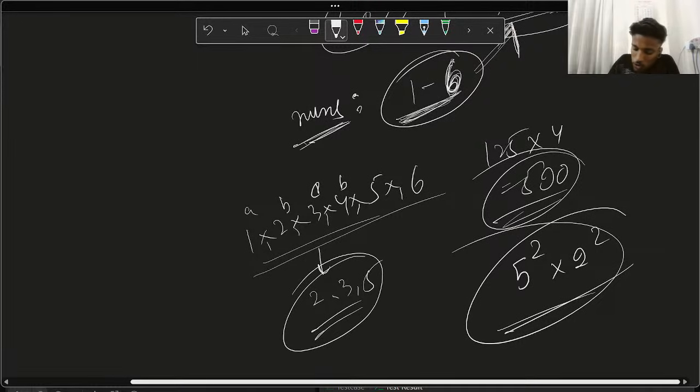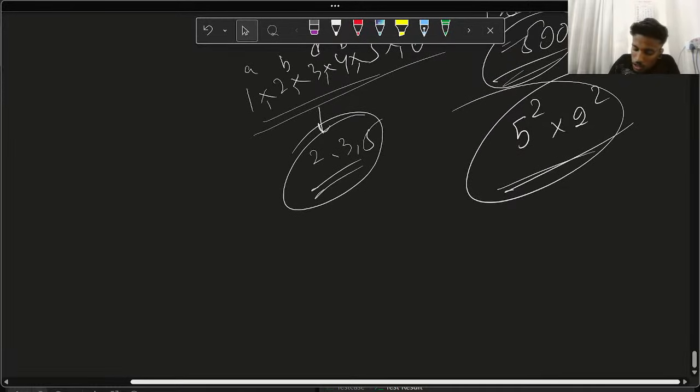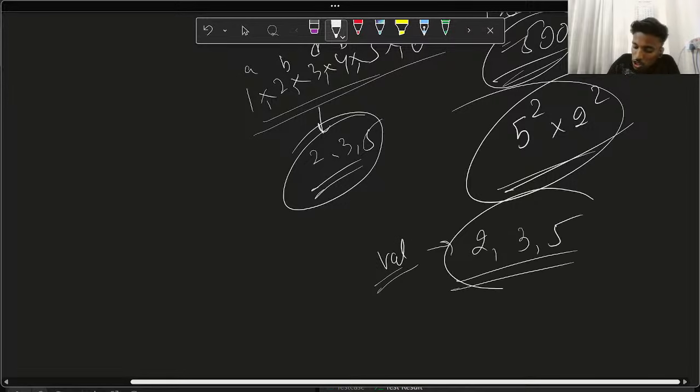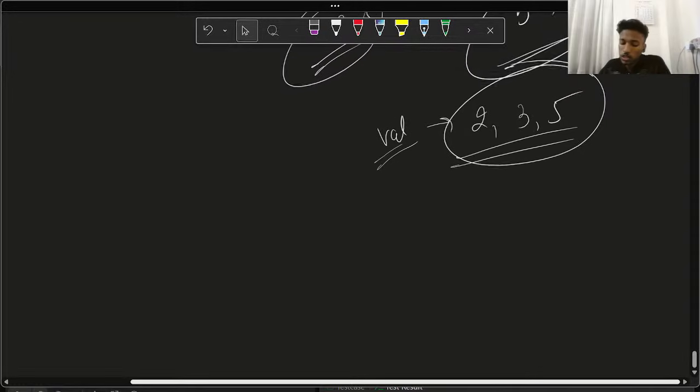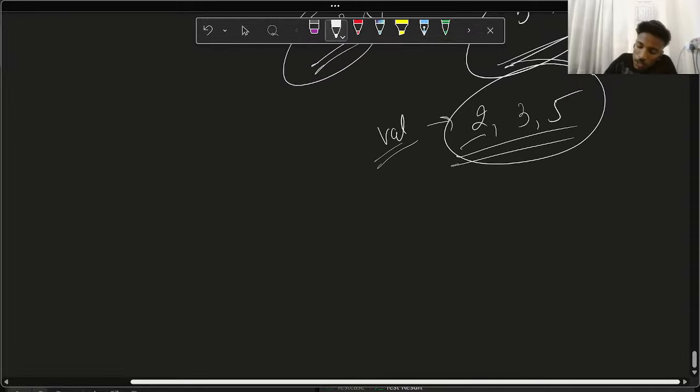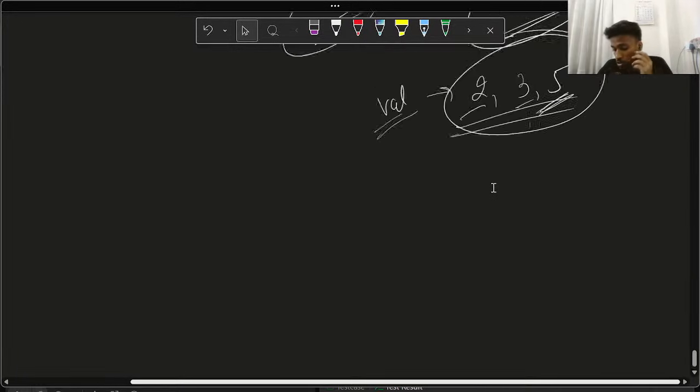So finally, the conclusion is we can always represent the val in powers of 2, 3, 5. These are the only three things I need to keep track of: the power of 2, power of 3, and power of 5. So our search space got reduced again.